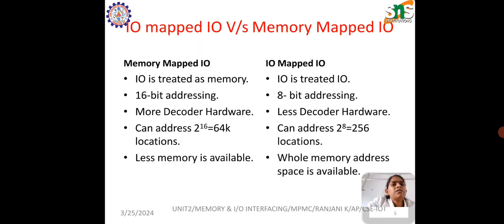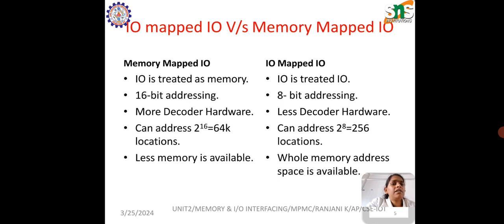Next, let us see the basic similarities and differences between memory mapped I/O and I/O mapped I/O. In memory mapped I/O, the device is treated as memory, whereas in I/O mapped I/O, it is treated as input output. In memory mapped I/O, it is 16-bit addressing, whereas in I/O mapped I/O, it is 8-bit addressing. Memory mapped I/O needs more decoded hardware, whereas I/O mapped needs less decoded hardware.